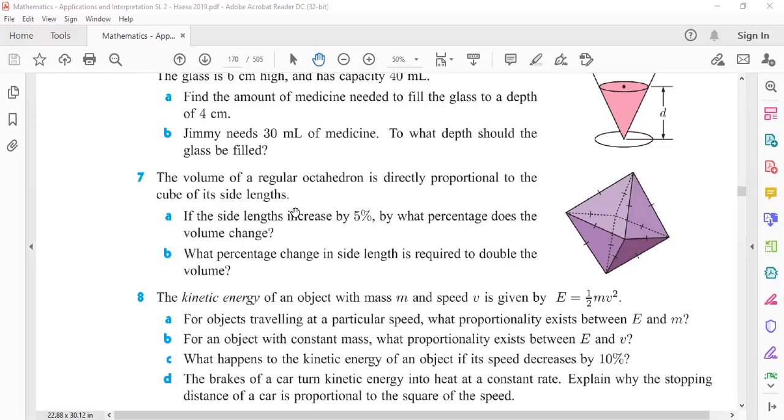So V is equal to KL cube. So now L is increased by 5%. So what is the impact on volume?